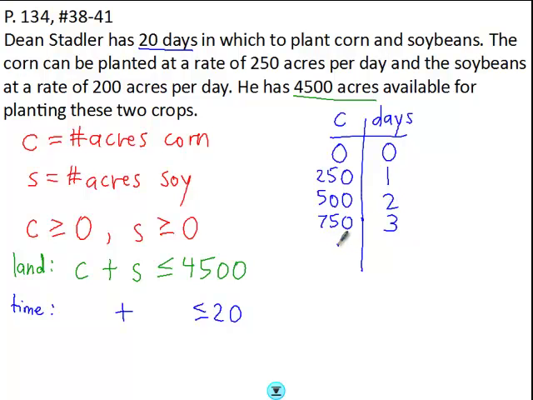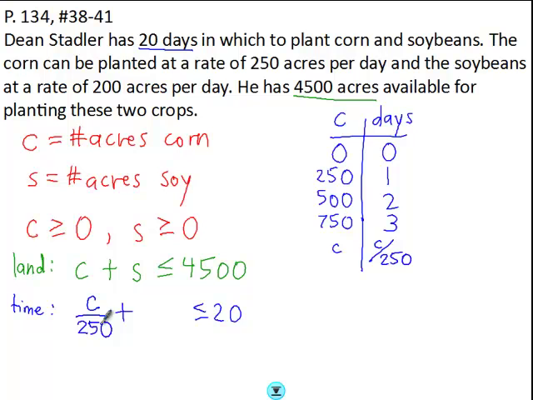So if he's going to plant C acres of corn, then the amount of time that takes is going to be C divided by 250. So that's what I'm going to place over here as the amount of time that it takes to plant the corn.